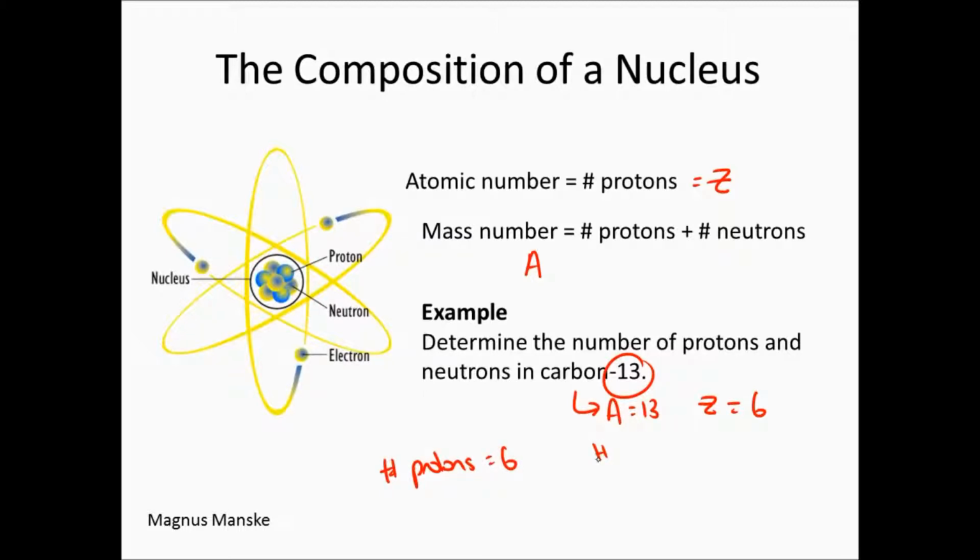Now, number of protons plus the number of neutrons is equal to 13. And so if I subtract 6 from both sides of this equation, the number of neutrons is equal to 13 minus 6, which is 7. So a carbon-13 nucleus contains 6 protons and 7 neutrons.